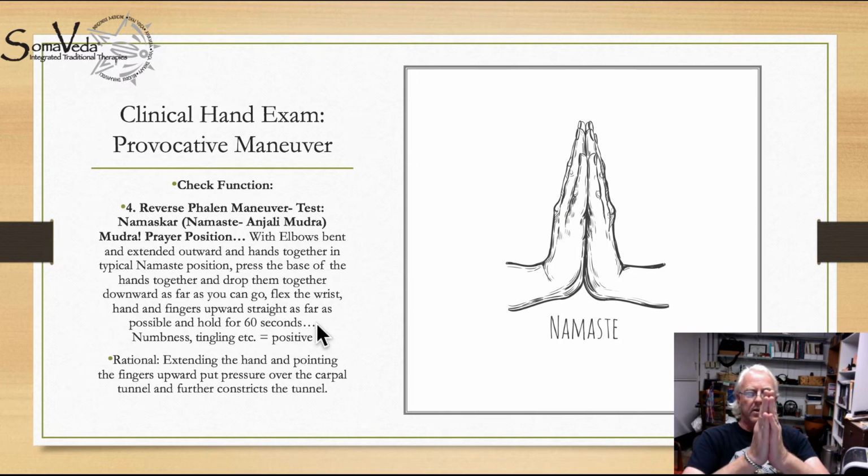To do the test, you put the hands together like you're praying, and then draw a line straight down the center of your body, and let the elbows turn out until the wrists are basically on the same line as the elbows, and hold for 60 seconds with the hands relaxed and see if you get that numbness, pain, tingling, electric shocks, etc. Okay?